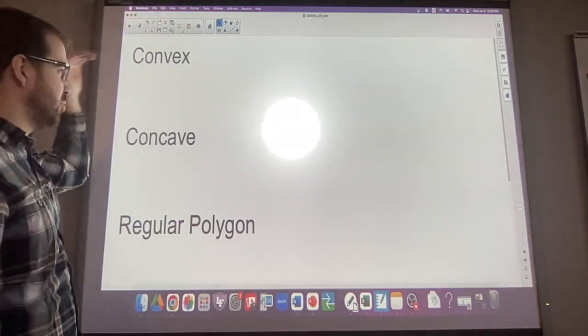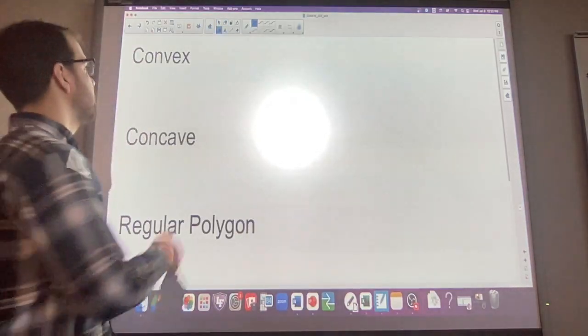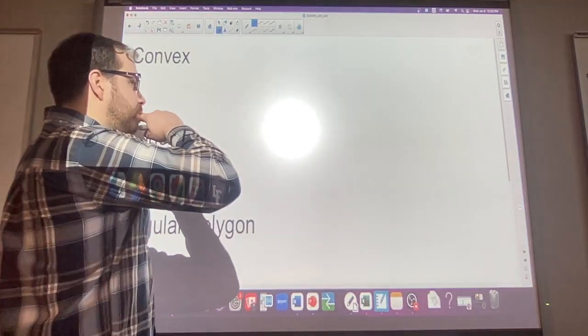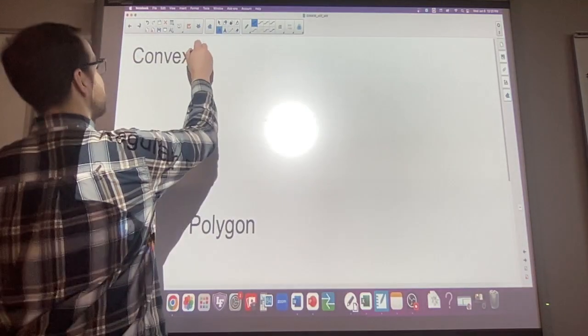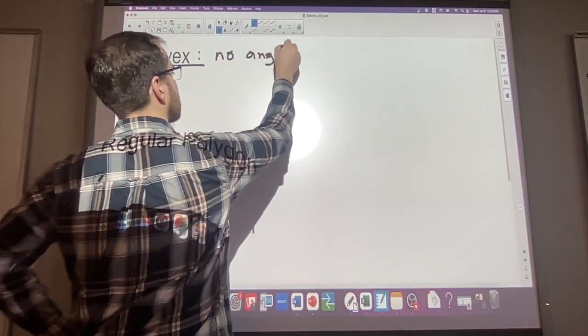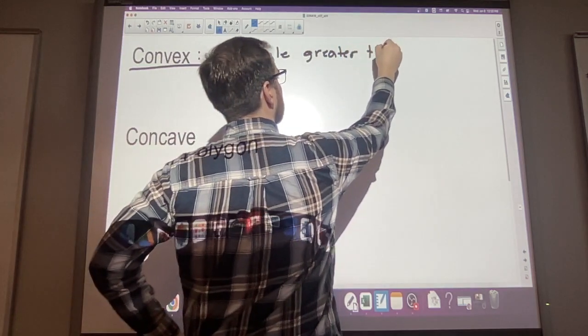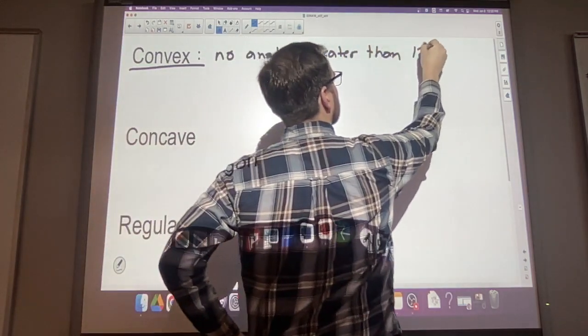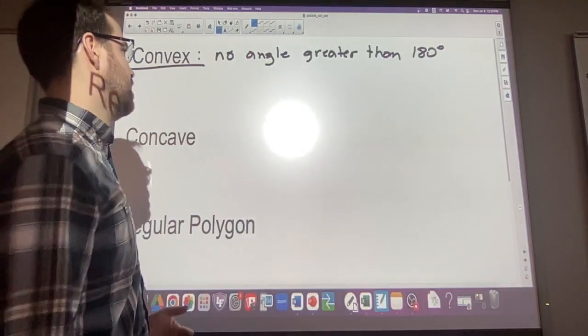Okay, we got to talk about these words convex and concave. Convex means that no angle is greater than 180. Okay, how can you have an angle bigger than 180?